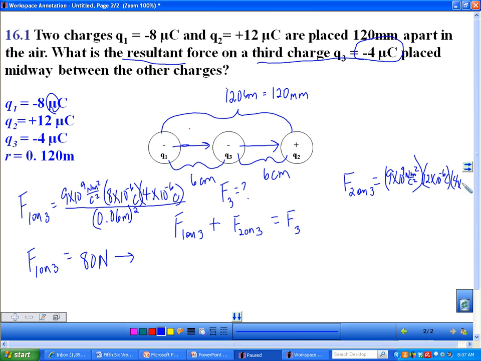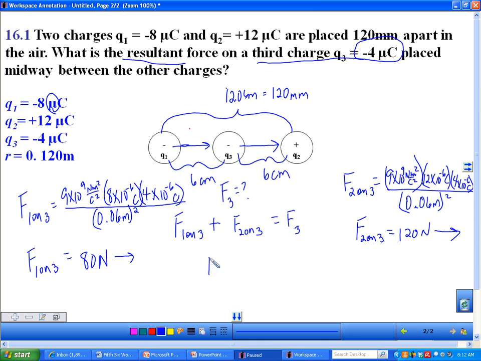And times 10 to the minus 6 for my Q3. And they're still separated by 0.06 meters. And I got to square that. So I think that's going to be 120, but somebody check. Yes, Morgan, Kelsey. All right, so I have 120 newtons, and it's to the right.